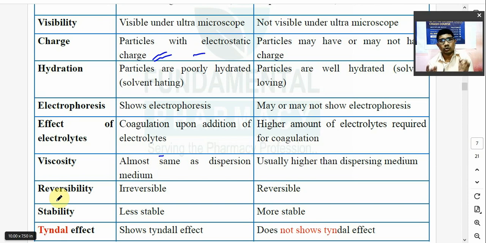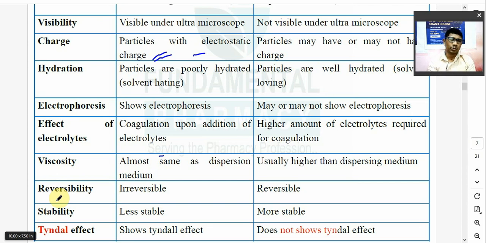So in the dispersion there are two types of forces, attractive forces as well as repulsive forces, right? So attractive forces are nothing but the van der Waals forces, London type of van der Waals forces, and repulsive forces are because of the electrostatic charge. Now in case of lyophobic colloid, there is an electrostatic charge on the particles.